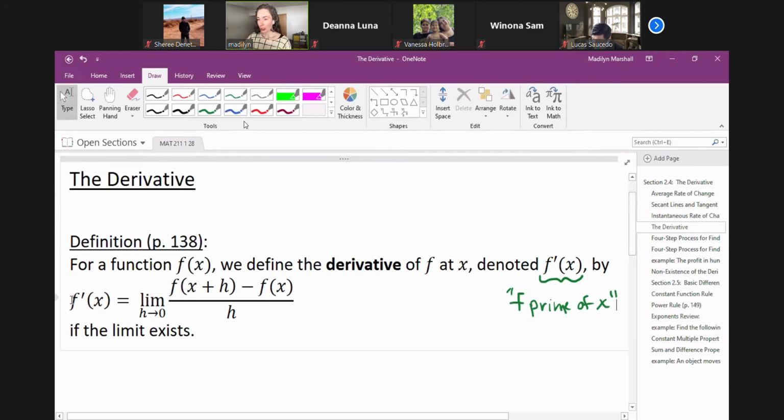And so f prime of x equals the limit as h goes to 0 of that same average rate of change formula. But now instead of using a, we're using x, because the derivative applies to any x value on the function.